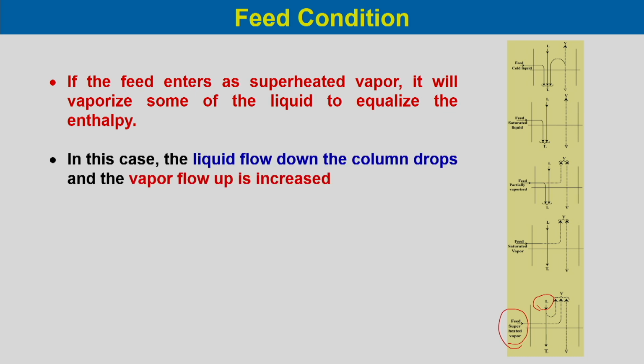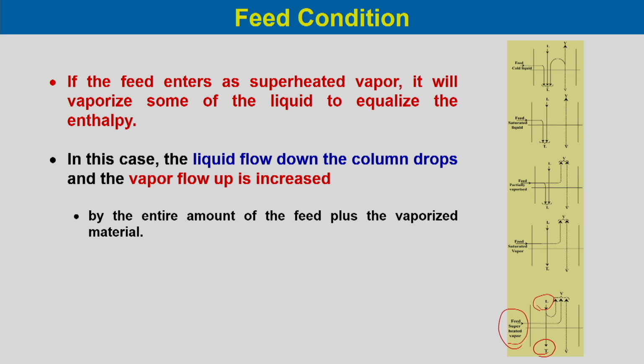So, in this case the liquid flow down the column drops, and the vapor flow up the column will increase, by the entire amount of the feed, because it is superheated vapor, plus the vaporized material which comes from the liquid vaporization. That will add up to the vapor flow which is already coming.